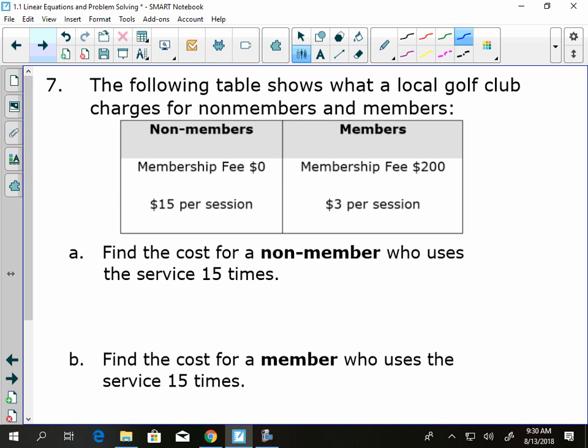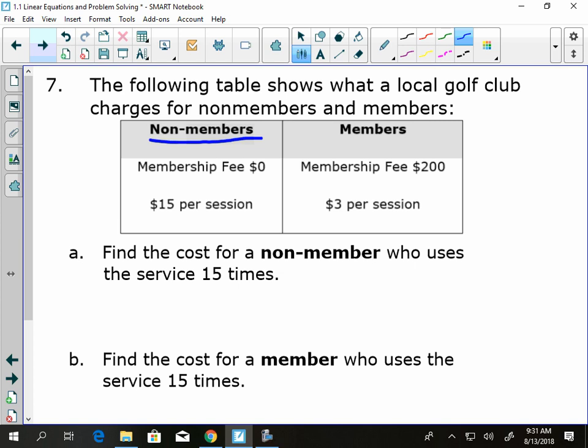The following table shows what a local golf club charges for non-members and members. Non-members pay $15 a session. Members only pay $3, but what do they have to pay up front? $200. So find the costs for a non-member who uses the service 15 times.